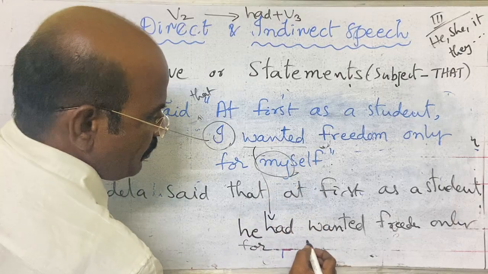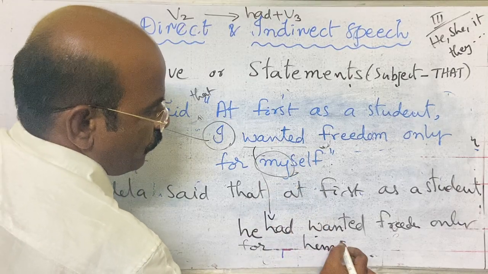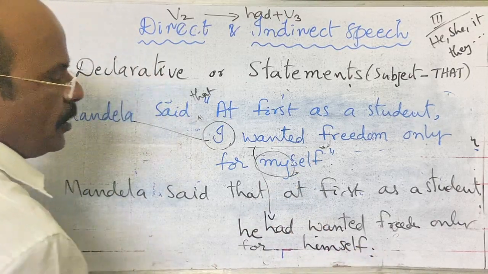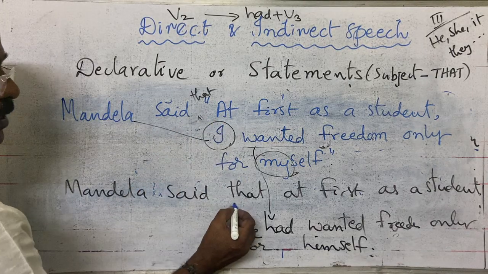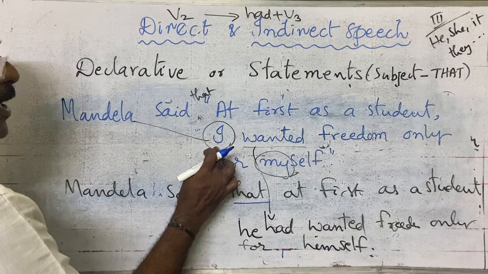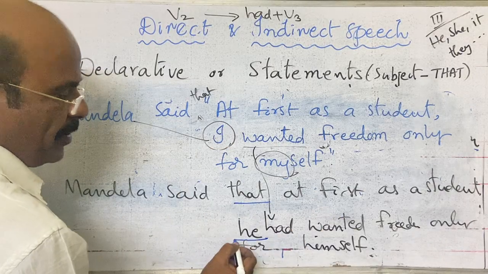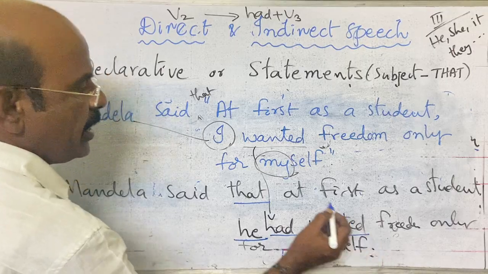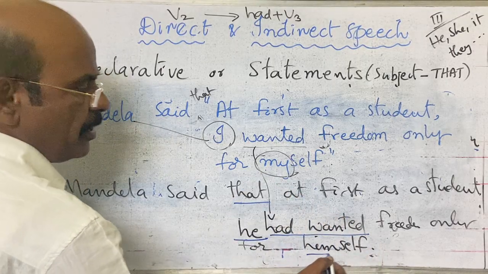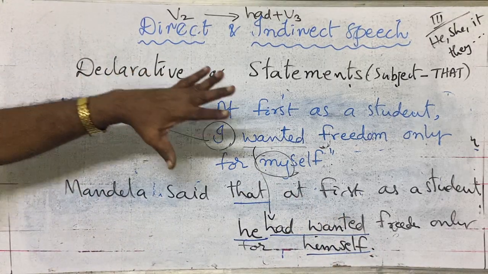So that's why himself, for himself. So what are the changes we did? Conjunction that. I converting into he because Mandela. Wanted converted into had wanted. Myself converted into himself. Like this we are changing.